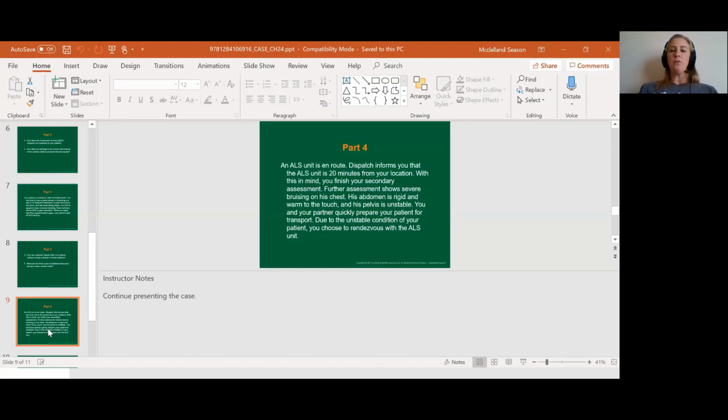His abdomen is rigid and warm to the touch, and his pelvis is unstable. How are we going to stabilize his pelvis? Would it be spine boarding? We will spine board him at some point, yes. But how specifically, how are we going to stabilize his pelvis? Would you stabilize it to itself by wrapping it?